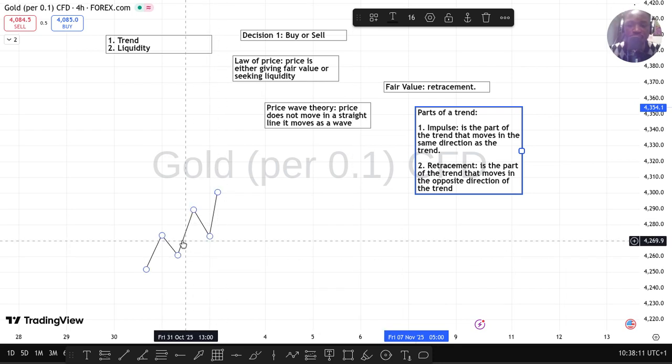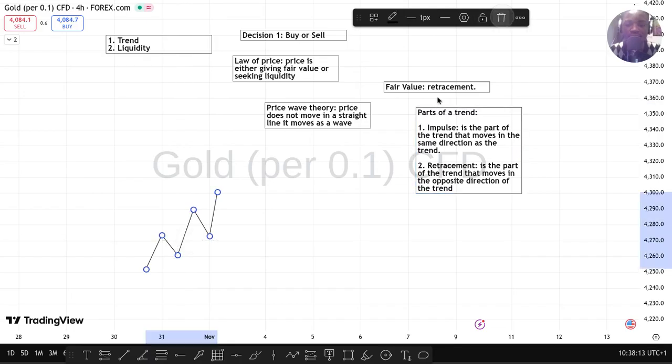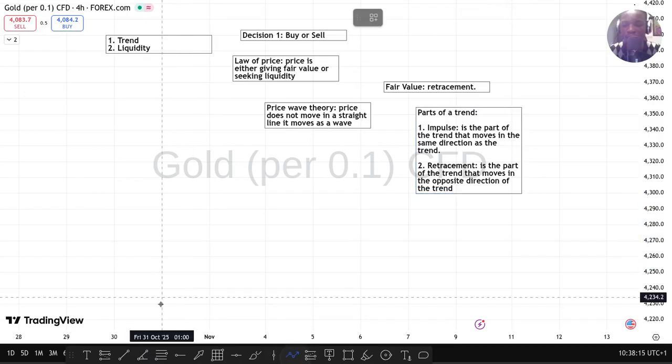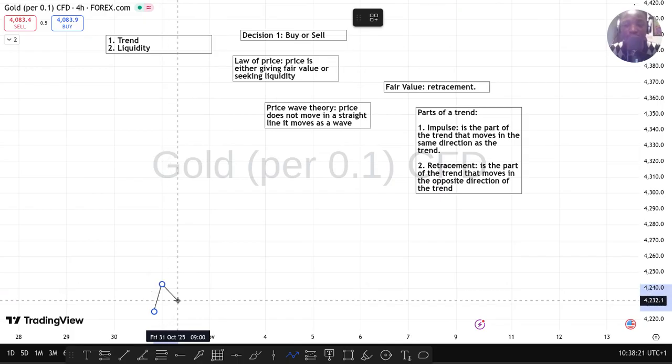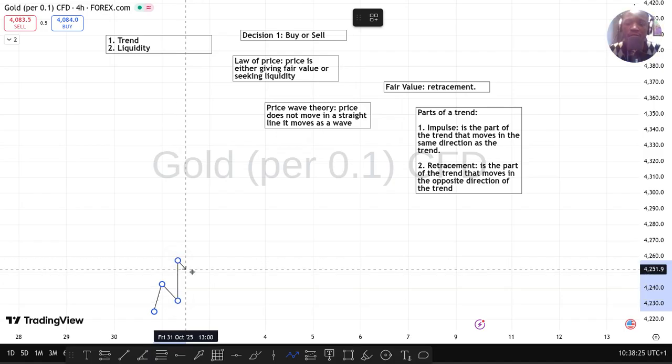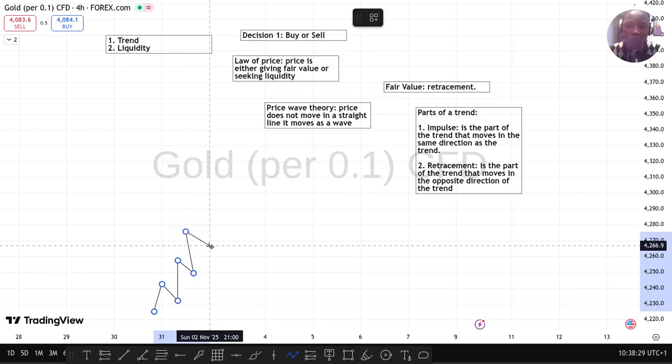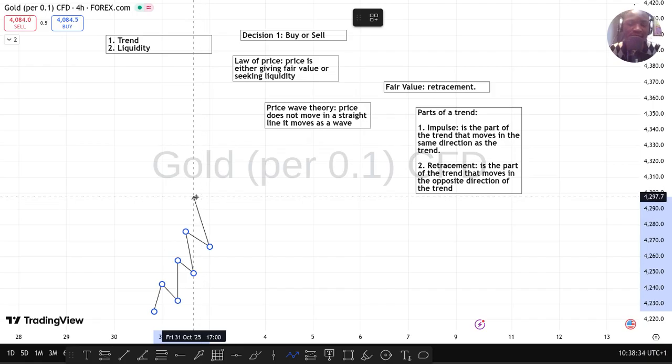And so let me show you. This is what an uptrend looks like, following the price wave theory. That tells us that price moves as a wave. If price is trending up, price is moving upward, we are going to be seeing price making both highs and lows, right? We're going to be seeing buys and sells happening.